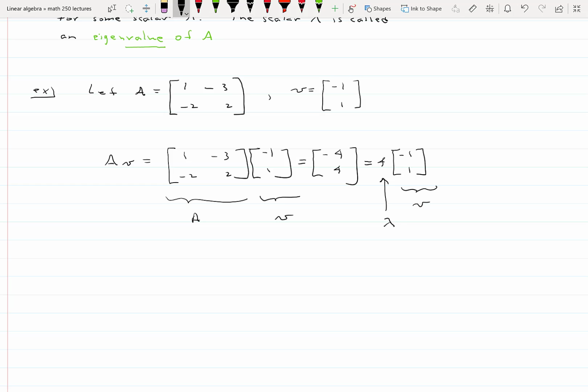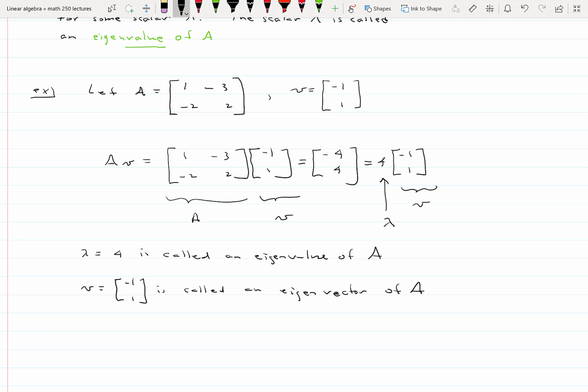Lambda equals 4 is called an eigenvalue of the matrix A, and V, the original V we started out with, is called an eigenvector of A.